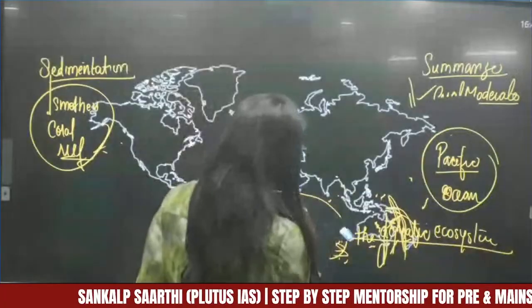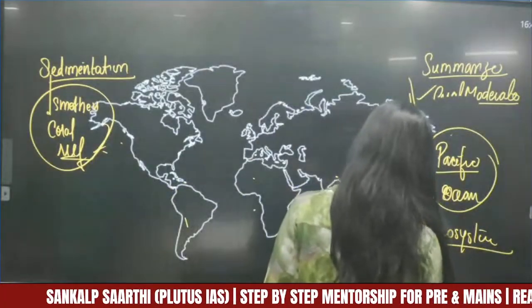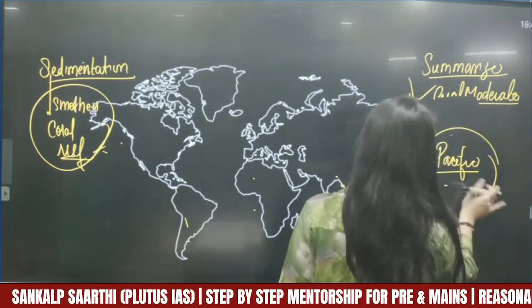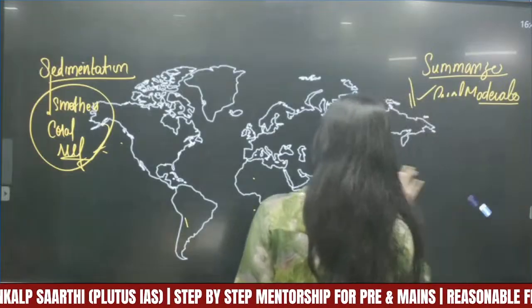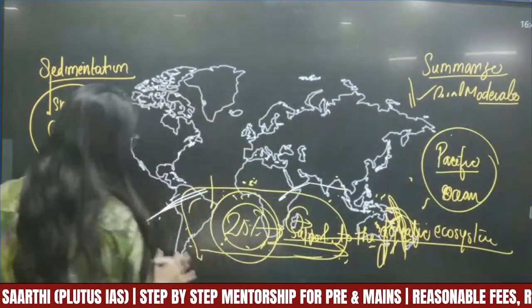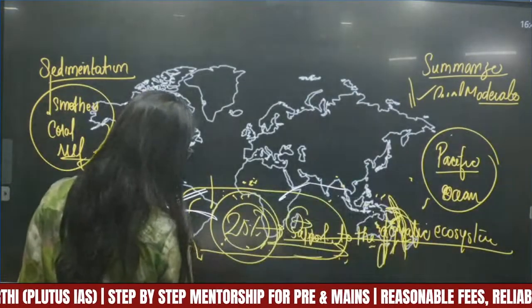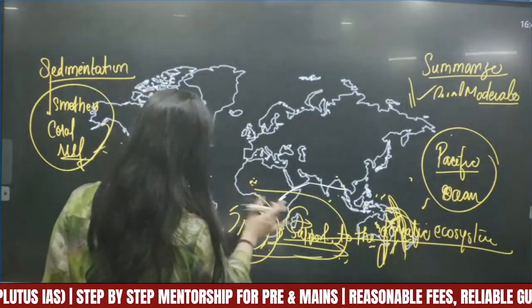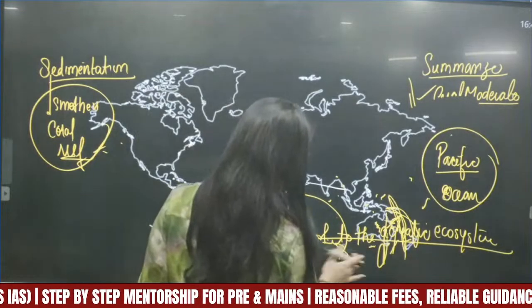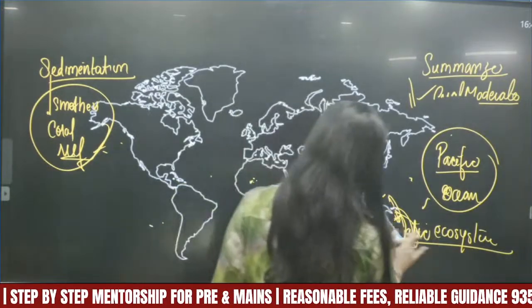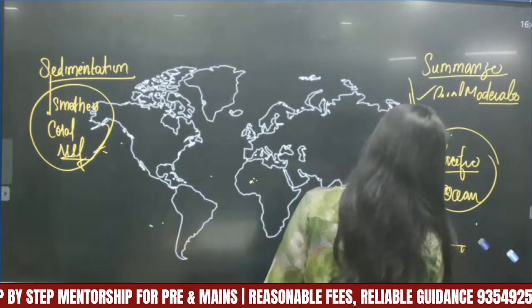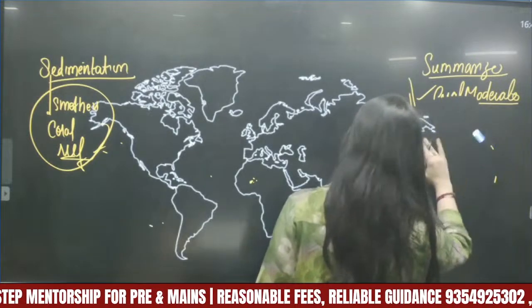Now, one of the prominent features of these is definitely your sea level rise. And why is the sea level rising? Because of climate change. There is a huge impact of climate change on coral formation. If even 1 or 2 degrees of temperature is increased, there would be a problem.